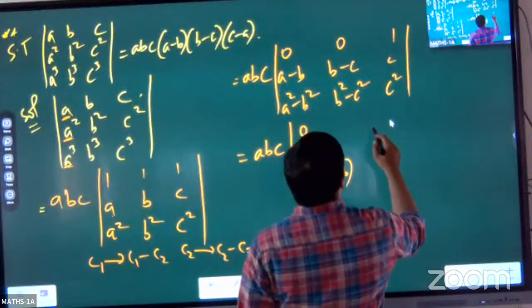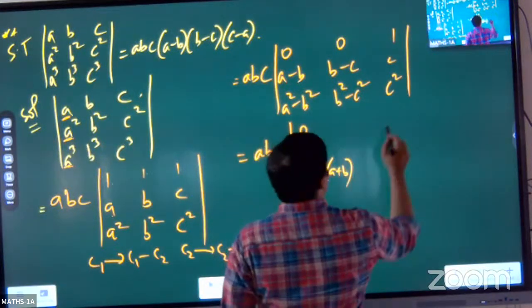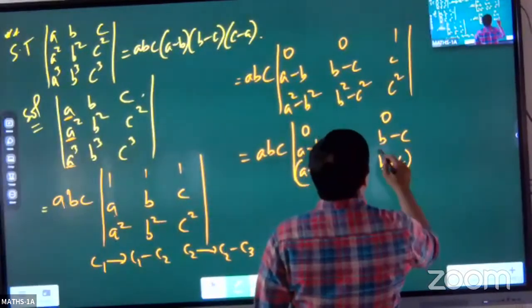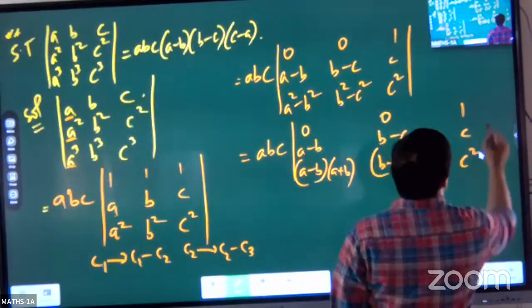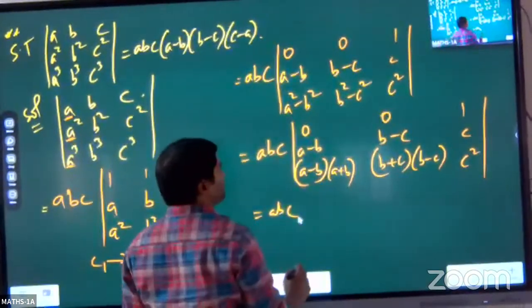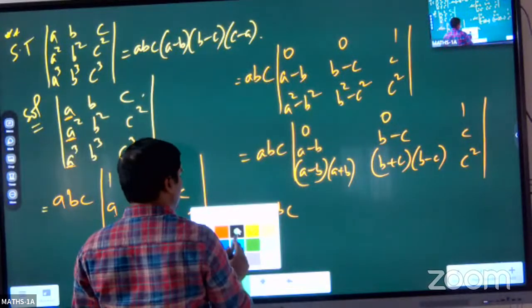Right? So, now, again, 0, 0, b minus c, b plus c into b minus c. Now, 1, c, c square. Okay. Now, according to determinant properties, if something is common, you take it outside. So, what is common here?